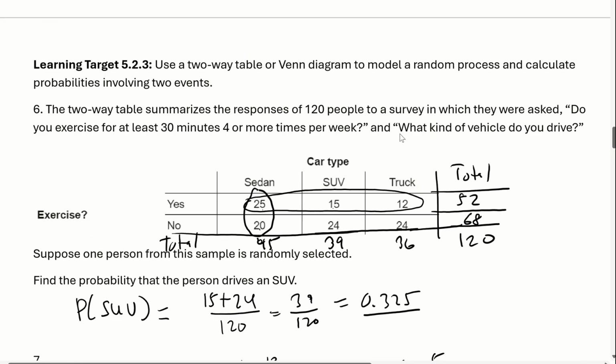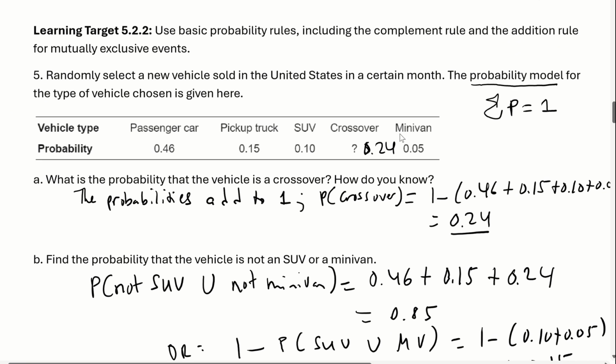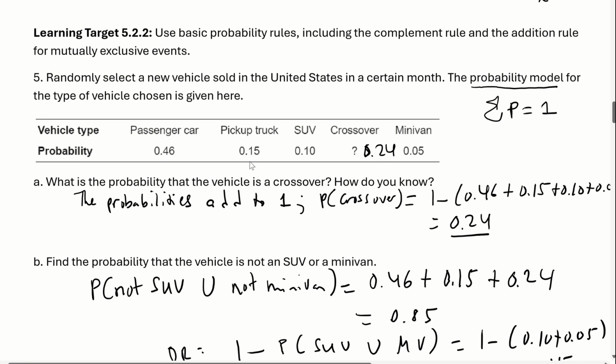So if I go to problem number 5, the probability of not passenger, I'm sorry. So this is passenger, that means not passenger are these guys, right? So I have to put the given on the bottom.